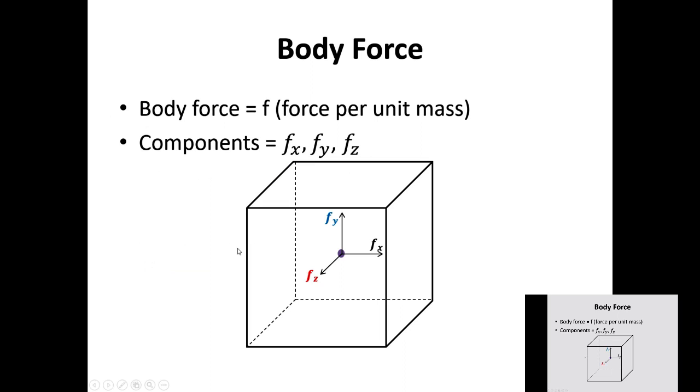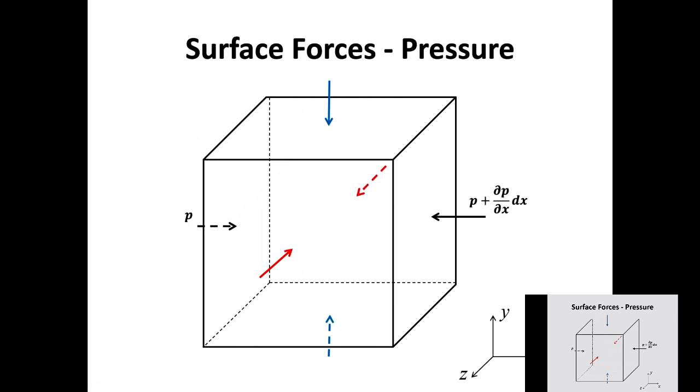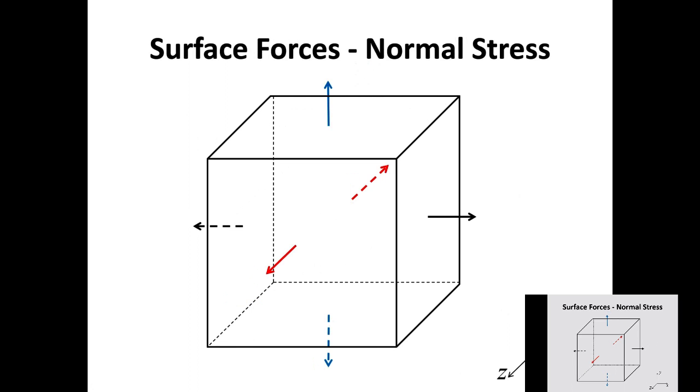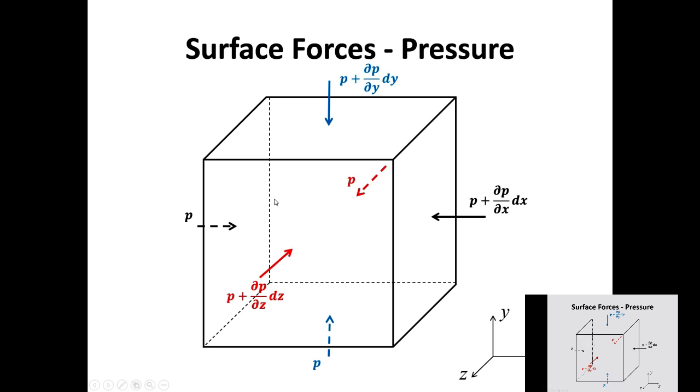So your body forces applied on that are Fx, Fy and Fz, and then the pressures applied on the faces are P on all the sides, but you have a spatial change in pressure in the x direction, in the y direction, and in the z direction as well.